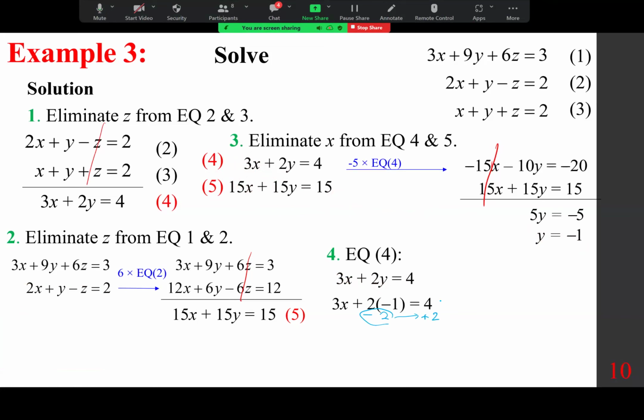You have negative 2. You take it to the other side, becomes positive 2. Three x becomes 6, x becomes 2.